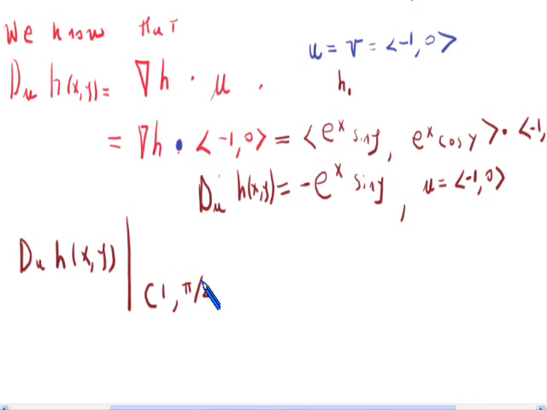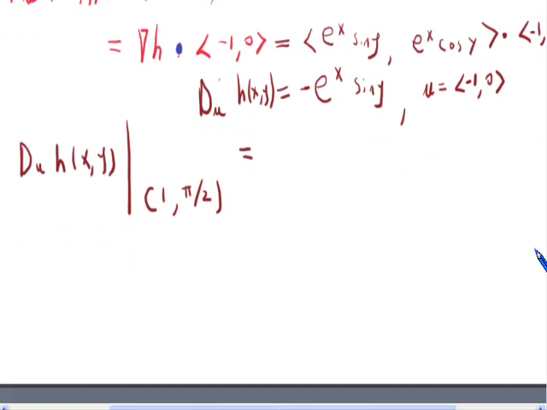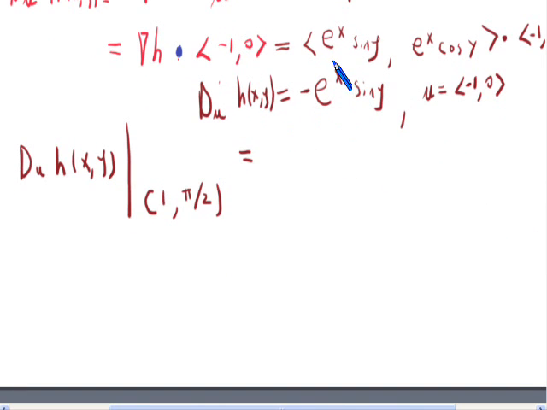Whenever I see x, I substitute a 1, and whenever I see y, I substitute pi over 2. So D_u of h of x, y evaluated at the point 1, pi over 2 is going to be equal to negative e to the 1 sine of pi over 2.